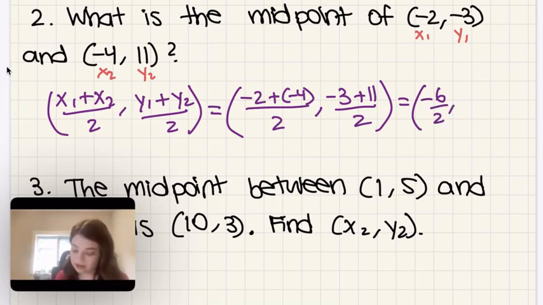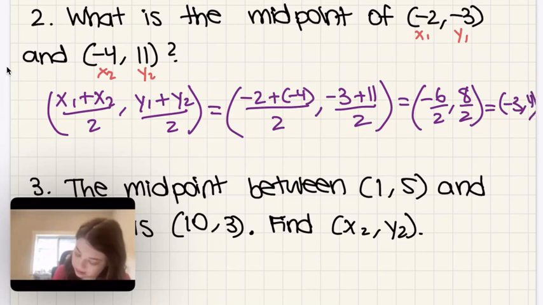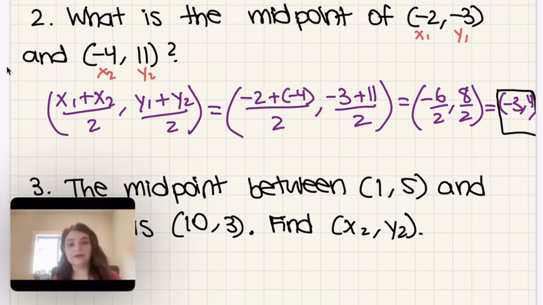And the other one is negative 3 plus 11, which is the same as 11 minus 3. 11 minus 3 is 8, so 8 over 2. Negative 6 over 2 is negative 3, and positive 8 over 2 is positive 4. So negative 3 comma 4 is our answer.